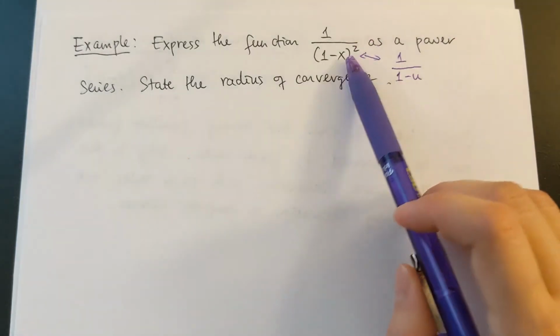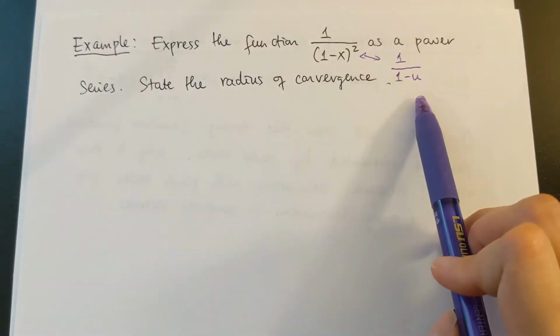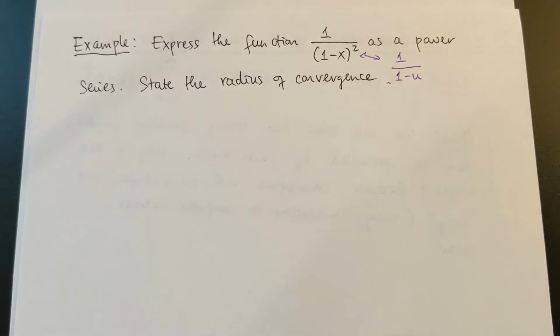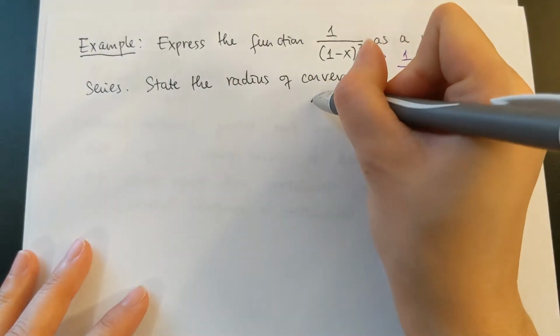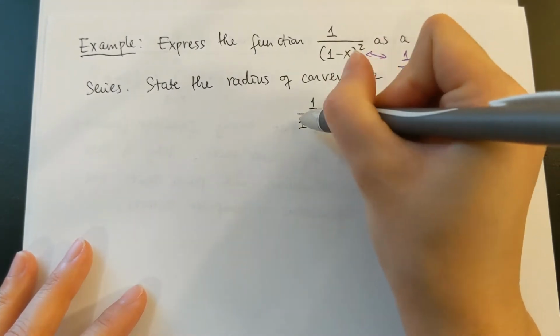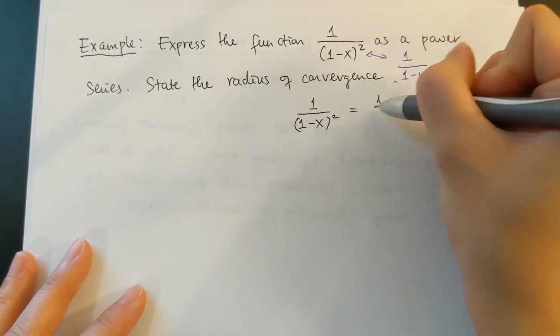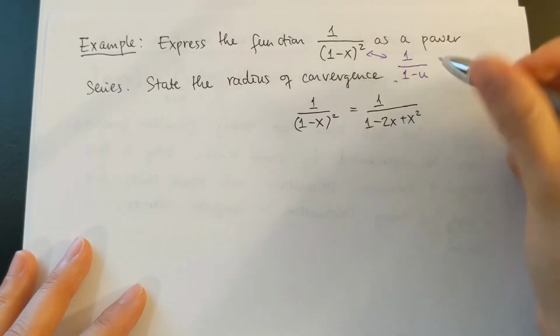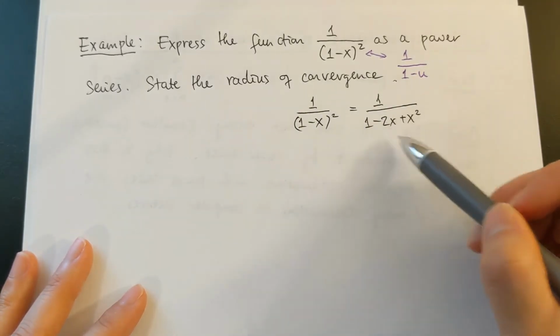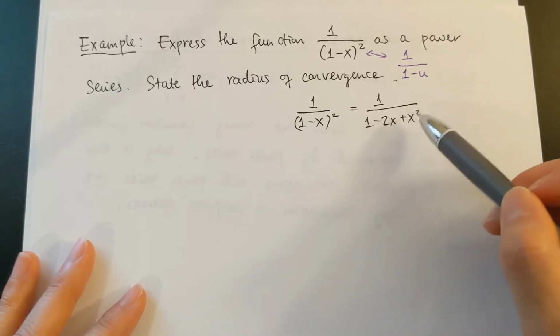So we would try to translate this function into this form. If you expand the denominator, you will get 1 minus 2x plus x squared. So I have three things in the bottom.